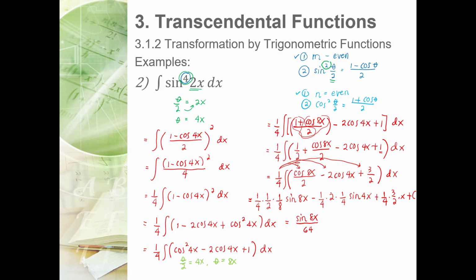Then 1/4 times 2 times 1/4 is 1 over 8, so that's sine 4x all over 8, with the minus sign. Then lastly you have plus 3x all over 8 plus c. So this is your final answer. I think we cannot simplify even further.